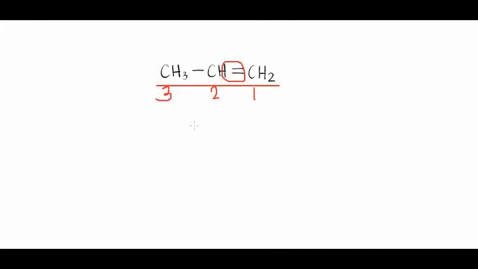Next, for step 3, name the parent chain indicating the lower number of the carbon atom containing the double bond. Okay, where is the double bond attached? Here. So, it is attached to number 1. So, it is number 1, but we are not indicating number 1 in the name.